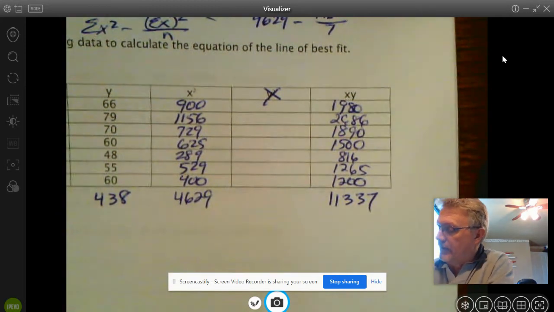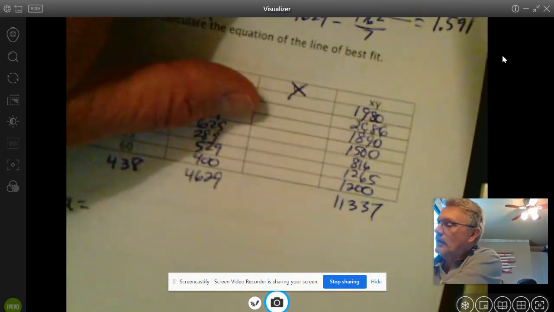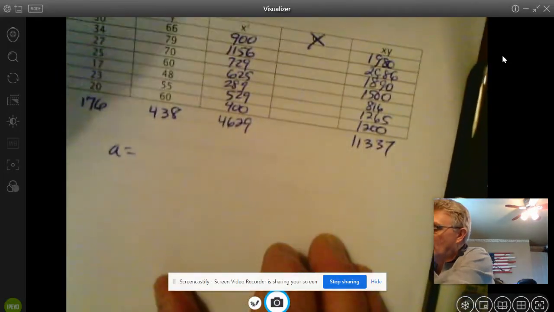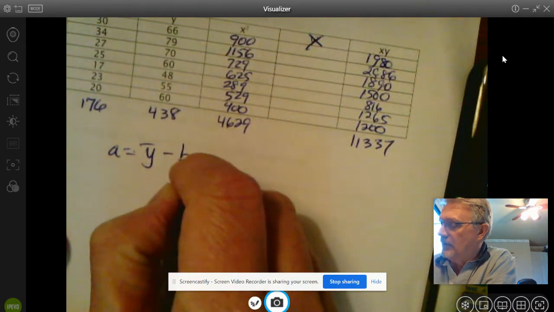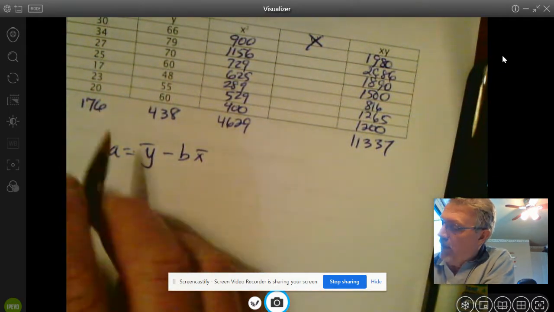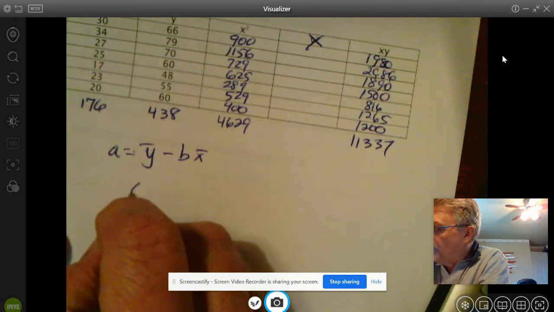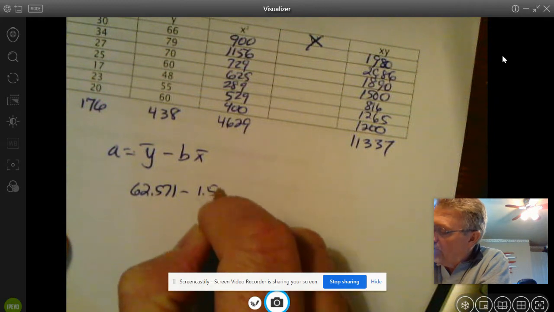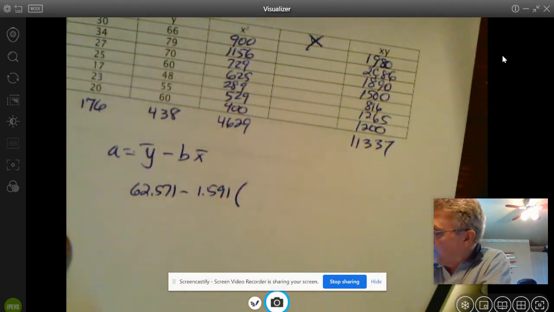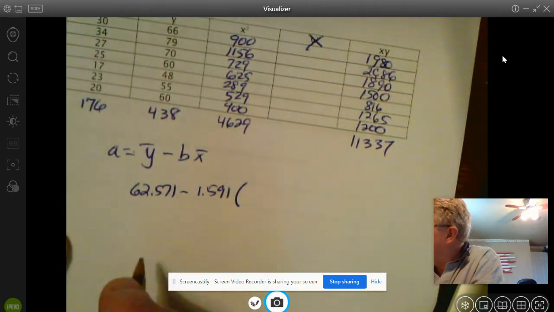All right, and then A from our equation on the other side is y bar minus B times x bar. So the average of the y's, 438 divided by 7, is 62.571, minus B, 1.591, times x bar, 176 divided by 7, is 25.143.